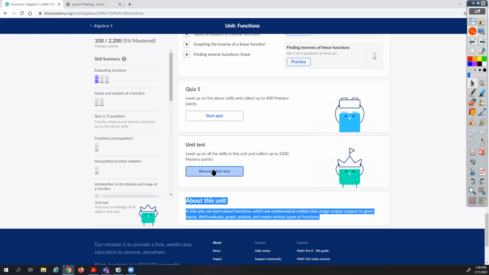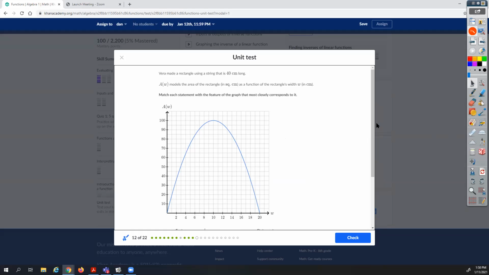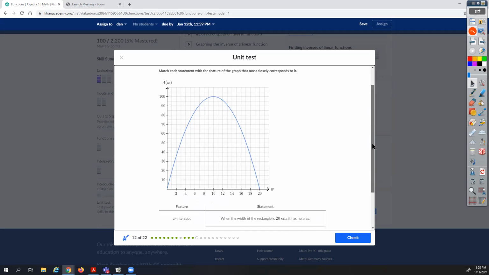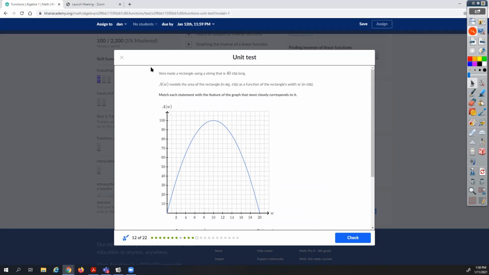All right, resume again. Okay. So x-intercept, so we can move this around, okay? Relative maximum or minimum, increasing or decreasing, okay? So Vera made a rectangle using a string that is 40 centimeters long, all right?